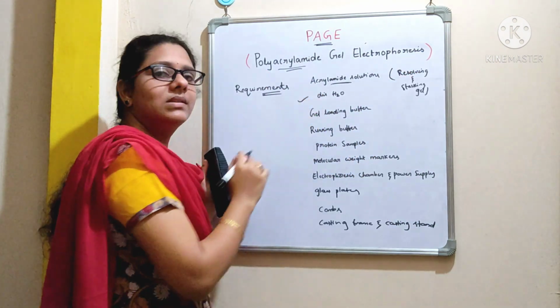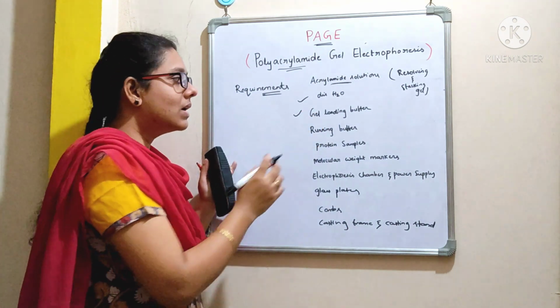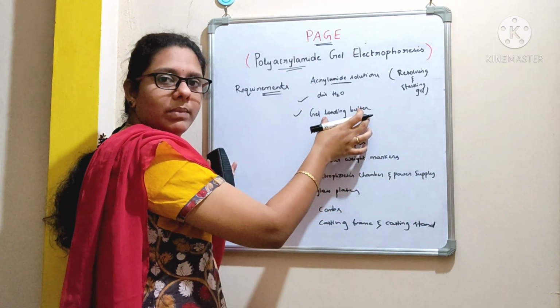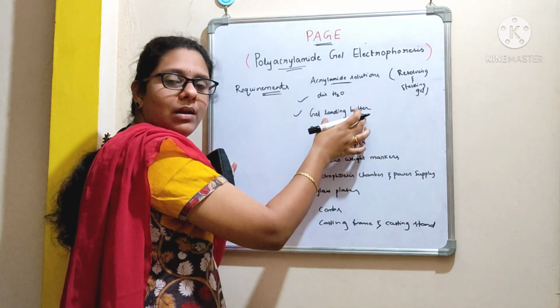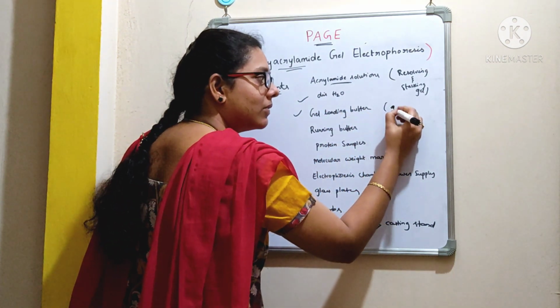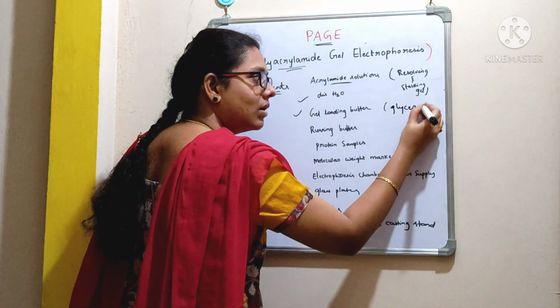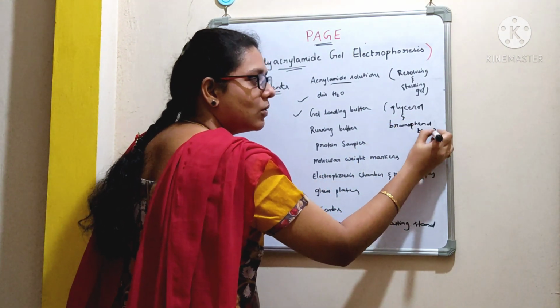And also you need distilled water and gel loading buffer. Here in this gel loading buffer, we are going to mix it with a protein sample, and this gel loading buffer will contain either glycerol or sucrose and bromophenol blue. What's the role of glycerol?